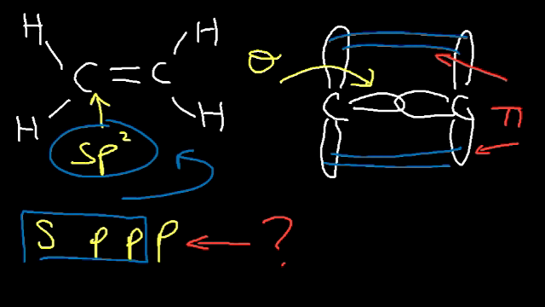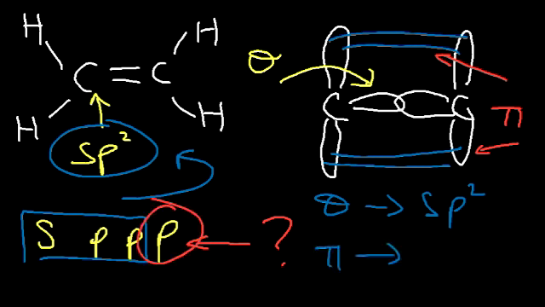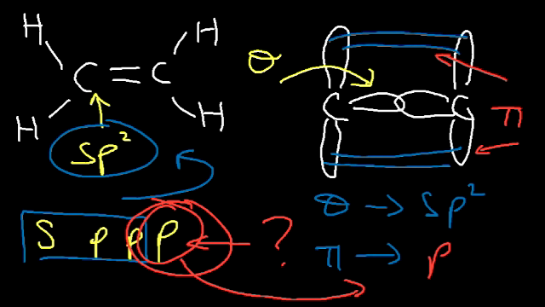The sigma bond is basically the hybrid orbitals, so the sigma bond is sp2 hybridized. However, the pi bond is not. The pi bond is due to the overlap of the unhybridized p orbital, the one that didn't mix to form the sp2 hybrid orbital.